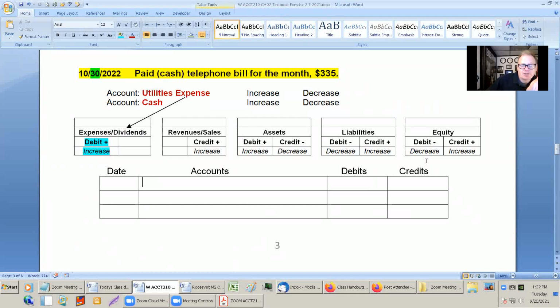You know, for expenses, you don't have to do the increase decrease thing, really. Expenses are debits.